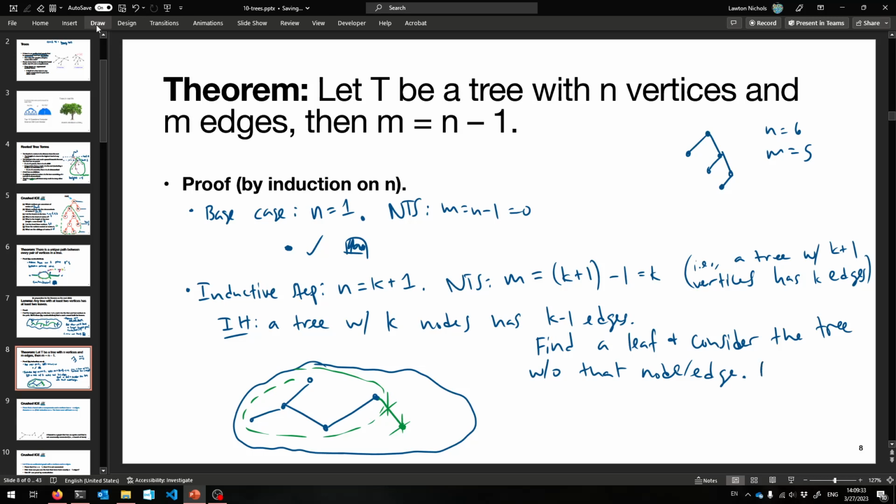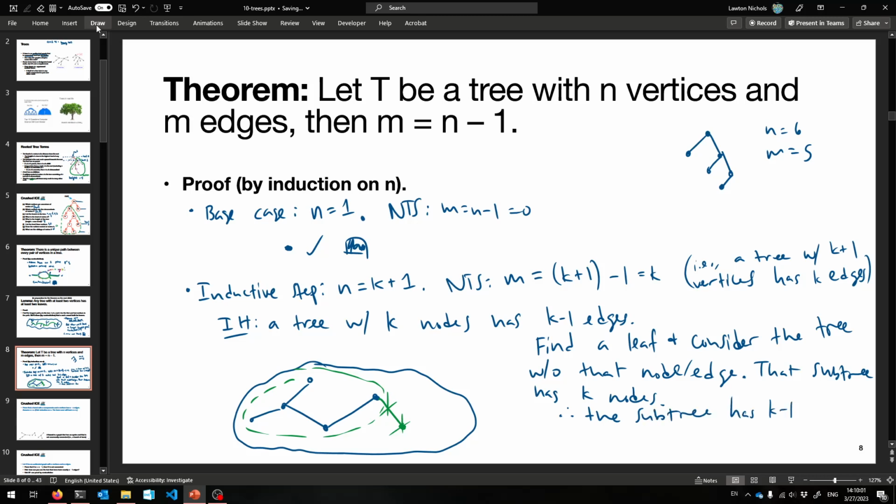That smaller subtree without that leaf, which contributed 1 edge and 1 node, has k nodes. Therefore, by our inductive hypothesis, that subtree must have k minus 1 edges.